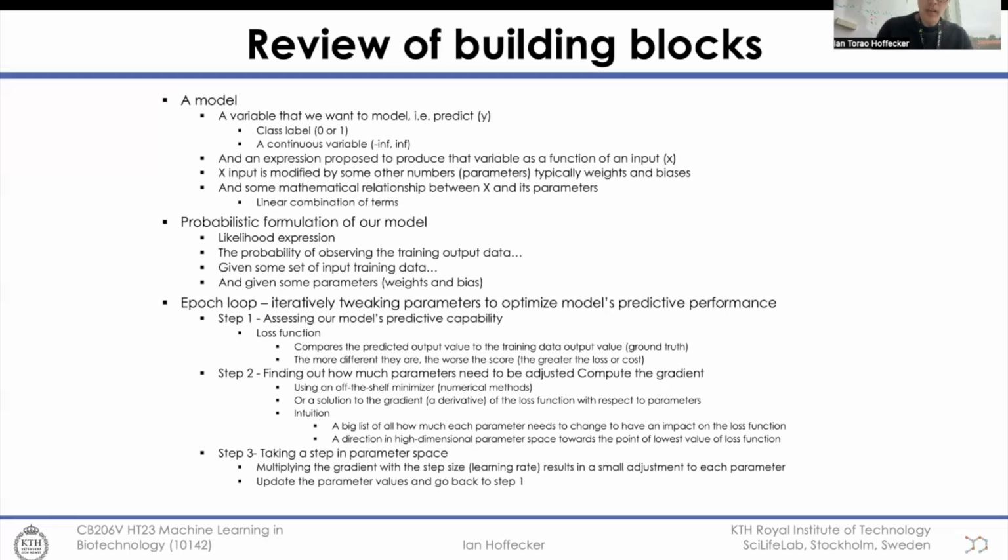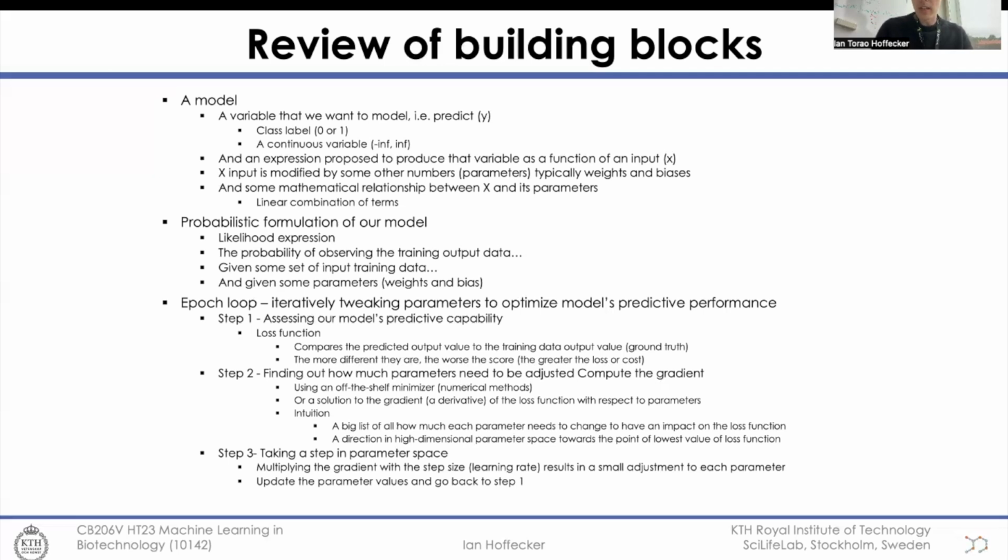And so then when we have these gradients, these rates of change, we're able to take a step in parameter space, or in other words, make small adjustments to each of our parameters that will move the loss function towards the minimum, hopefully a global minimum.